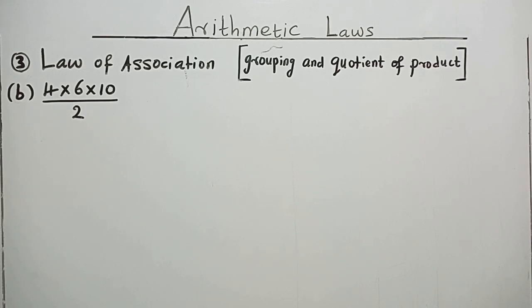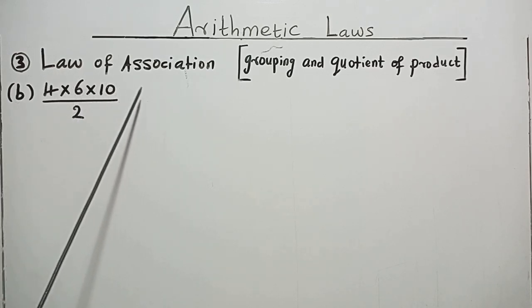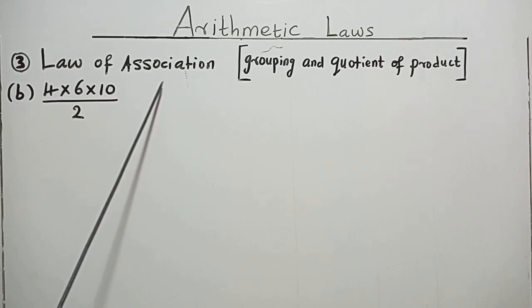What he means is that you should get the value of this dividend, which is a product. 4 times 6 times 10. First, 4 times 6 is what? 24. Then times 10 is 240. What then it means is that 4 times 6 times 10 all over 2 by default means 240 over 2. And what is the answer? Let's work it out.